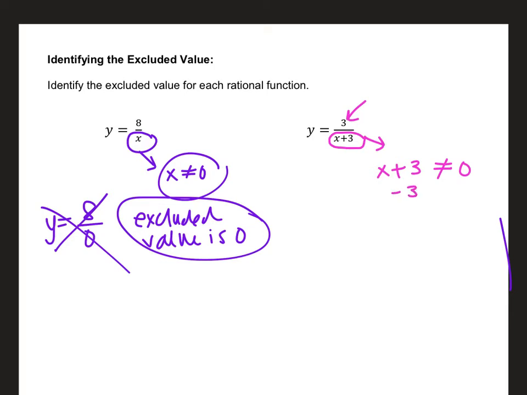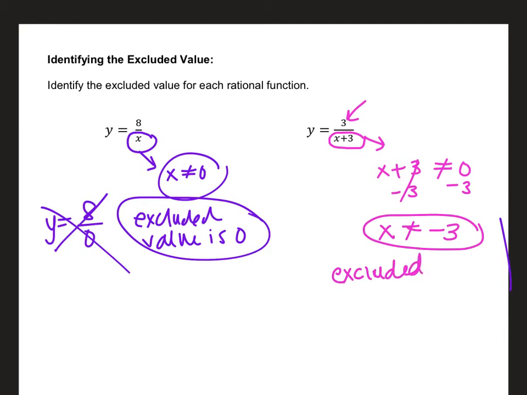Let's go ahead and solve for x. We'll subtract 3 from both sides. So x does not equal, or cannot equal, negative 3. That is our excluded value. We also could write it out: the excluded value is negative 3. So two ways to say that.